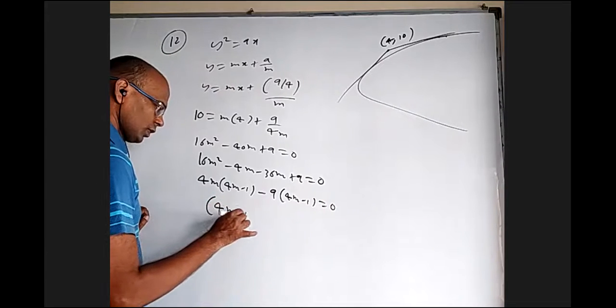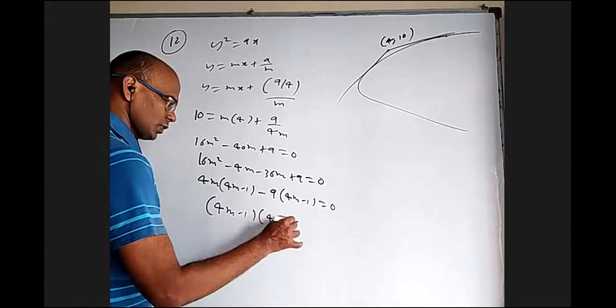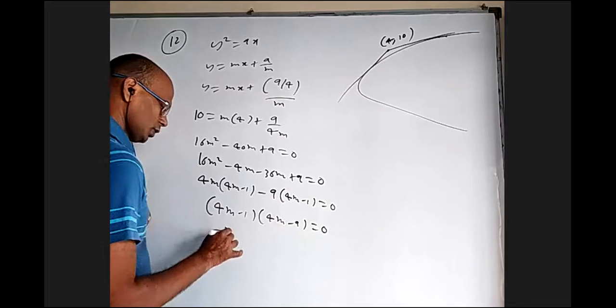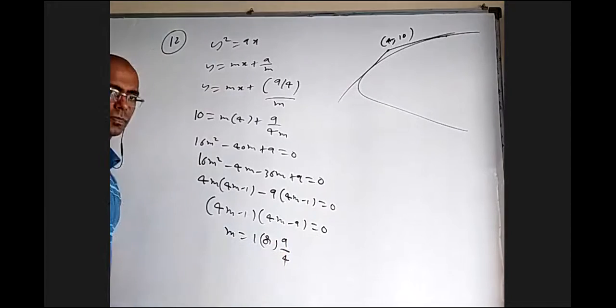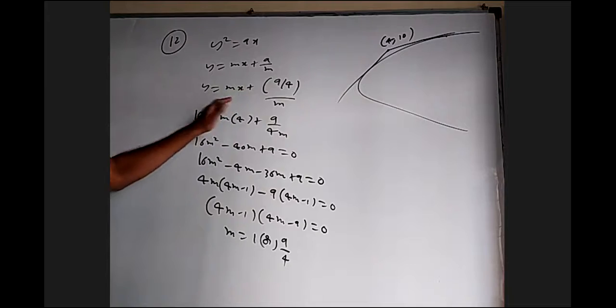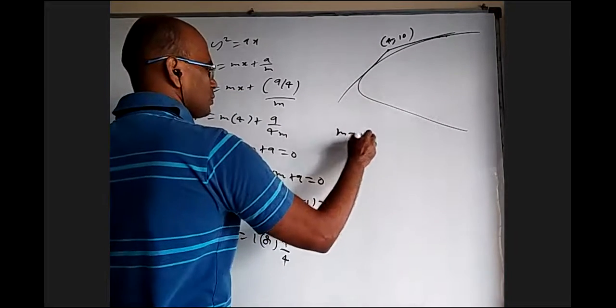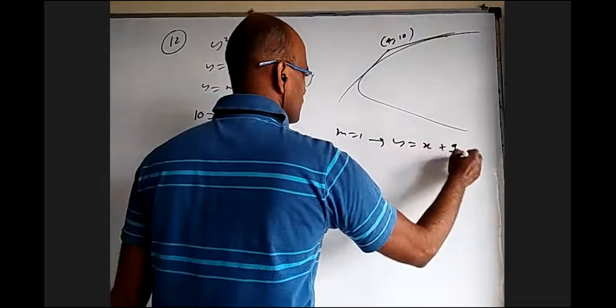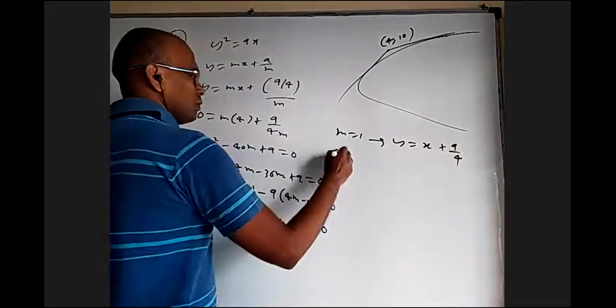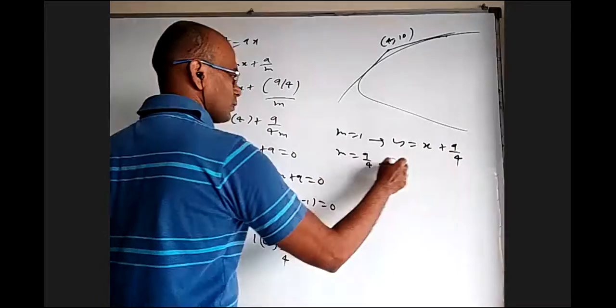So (4m − 1)(4m − 9) = 0. So m equals 1/4 or 9/4. So put the m back here.